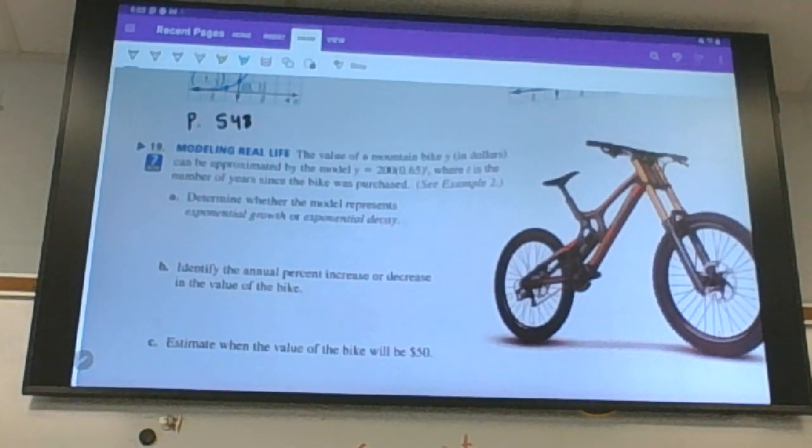Page 548. 19 and 22. 36 and 39. This mountain bike is 200 times 0.65 to the t. So I'm gonna go ahead and tell you it started at $200.